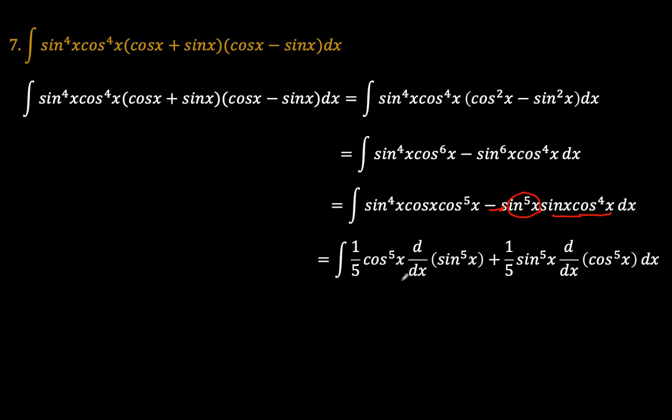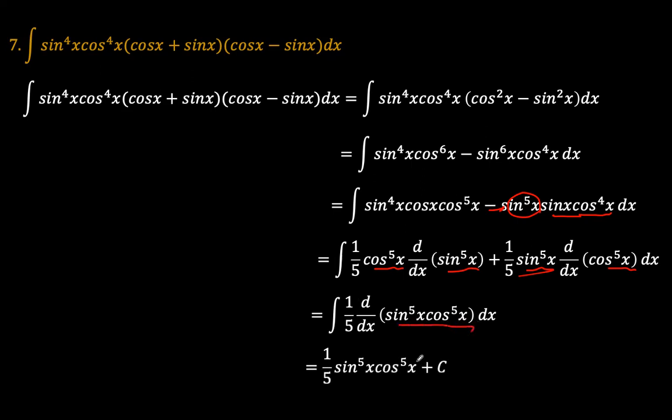Since we have cosine to the power 5x here and here, and sine to the power 5x here and here, and the constant remains, this is the same as the differentiation of a product. So it is a fifth times the derivative of sine to the power 5x and cosine to the power 5x. The integral of a derivative is just that number. And so we have a fifth sine to the power 5x cosine to the power 5x plus the integration constant as our answer.